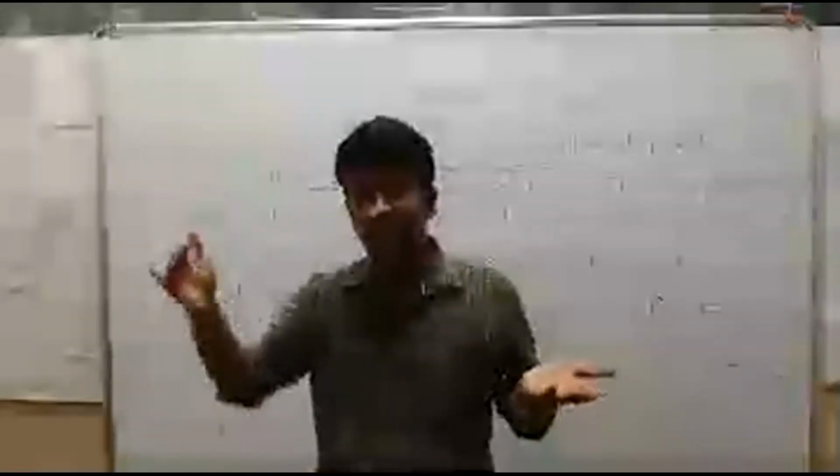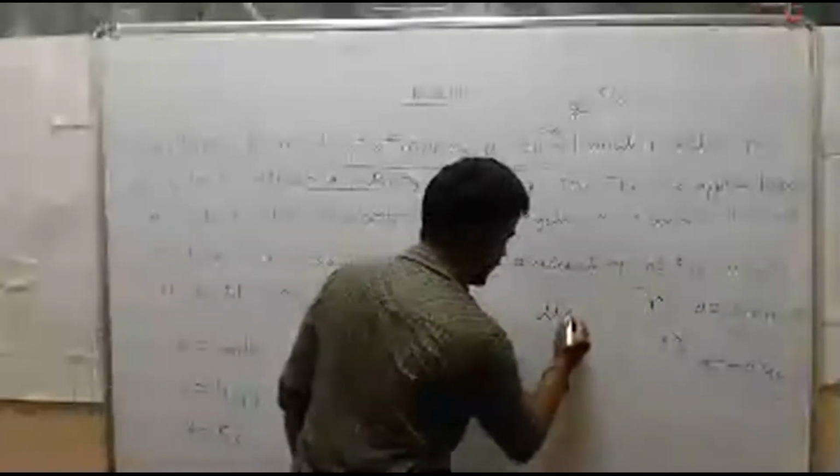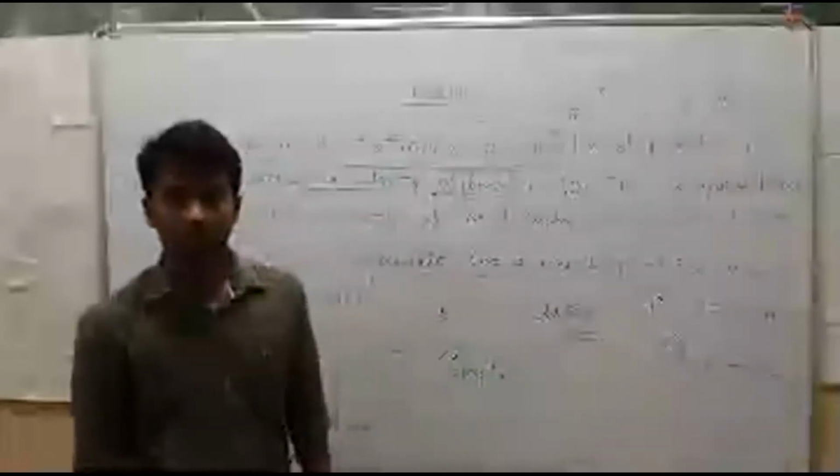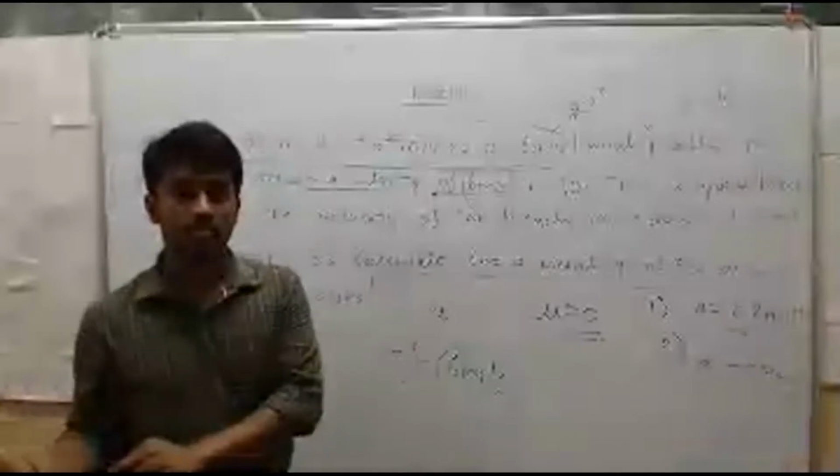But when the object starts from rest, at that time you should always take initial velocity equal to 0. For example, starting from rest, one object gains a velocity of 2 meter per second. Starting from rest, here you should take initial velocity equal to 0 and final velocity equal to 2 meter per second. So when an object starts from rest, at that time always you should take initial velocity equal to 0.